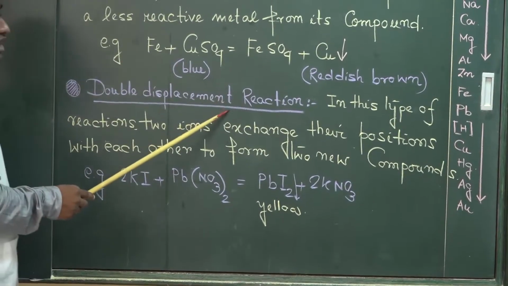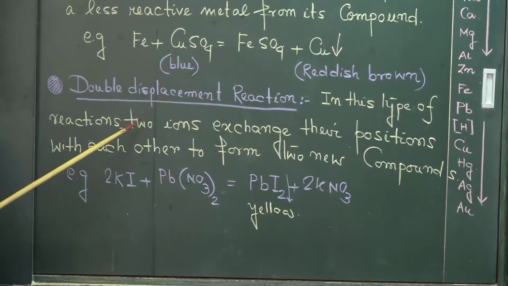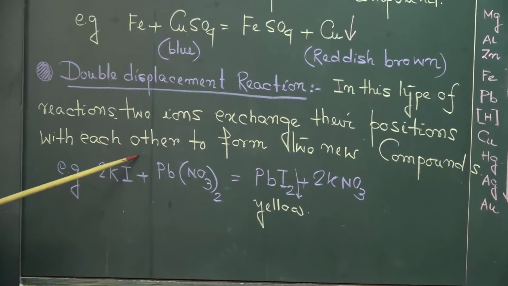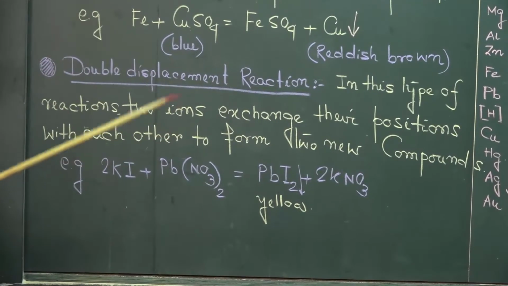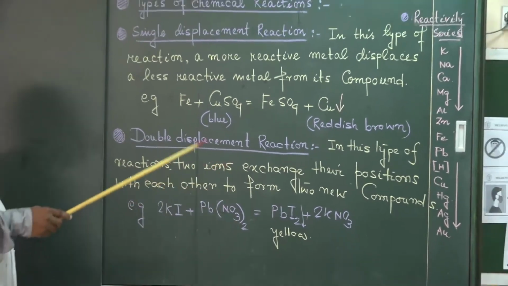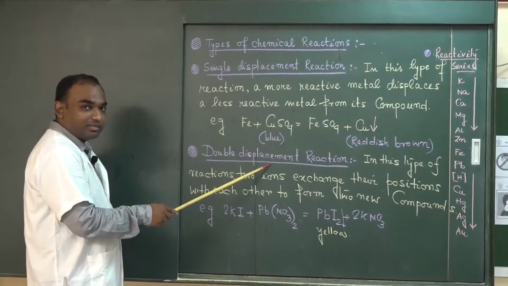So what we can say is that in a double displacement reaction, generally two ions exchange their positions with each other. When two ions interchange their position with each other, that type of substitution we call a double displacement reaction.